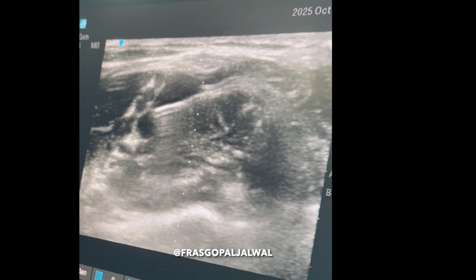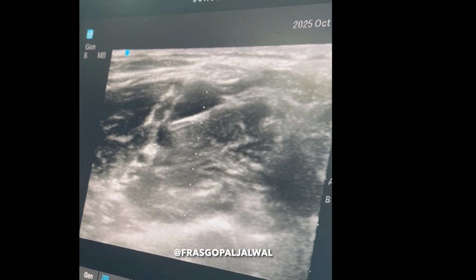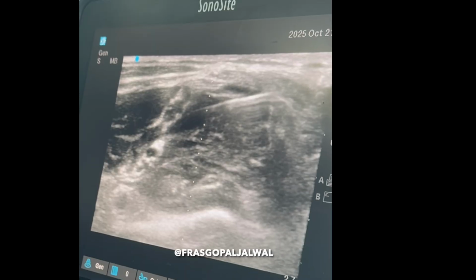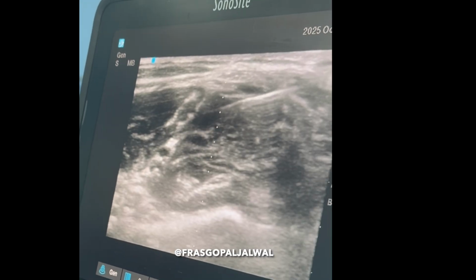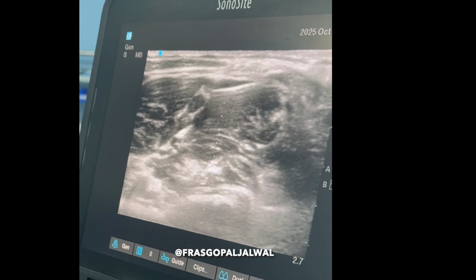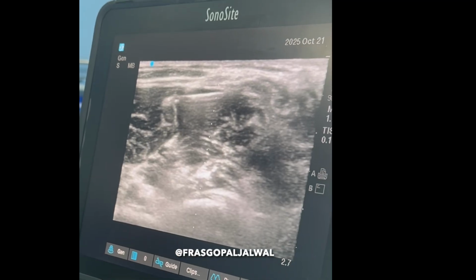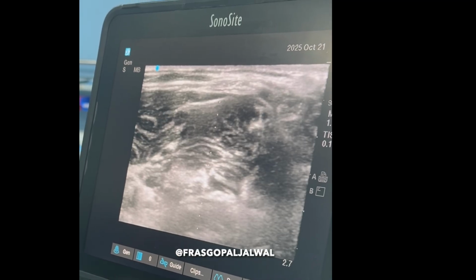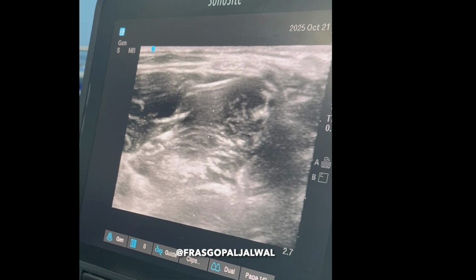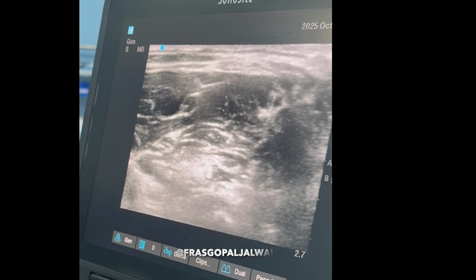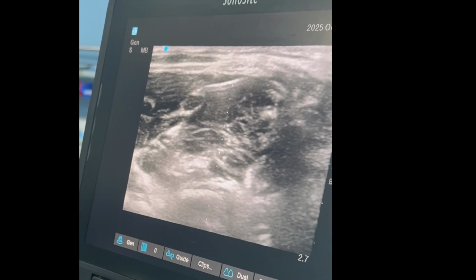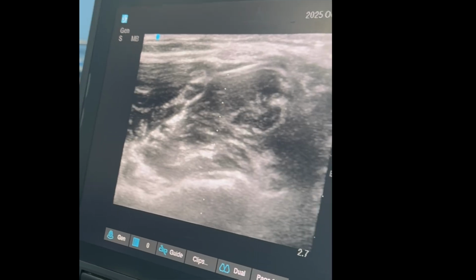First I will give the local anesthetic on the lateral side of the roots, here you can see, and then I will go on the medial side between the C5 and C6, and then I will inject the local anesthetic on the medial side of the roots. Here I will inject the 10 ml local anesthetic.